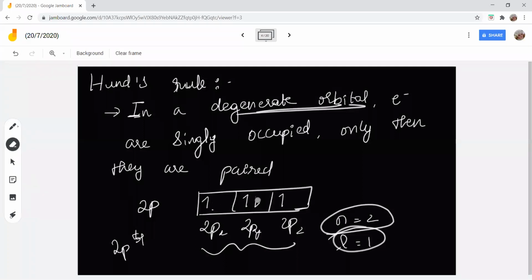Again, first each orbital has to be singly occupied, and then the fourth electron will be placed in the first orbital. Then they will start to pair. So in a degenerate orbital, electrons are singly occupied, only then they are paired. This is called your Hund's rule. Hope you all have copied it down.